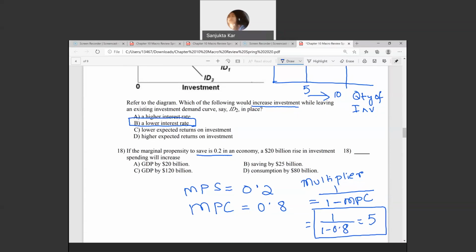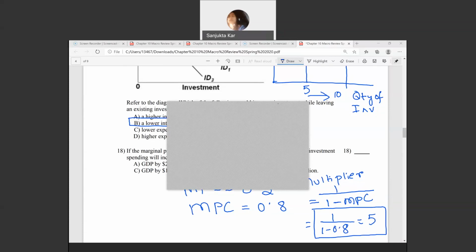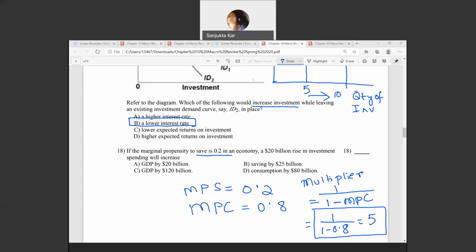Now, the multiplier which I found out is equal to 5, and I know my initial rise in investment is equal to 20. If I multiply by 5, the total increase in gross domestic product will be equal to 100.